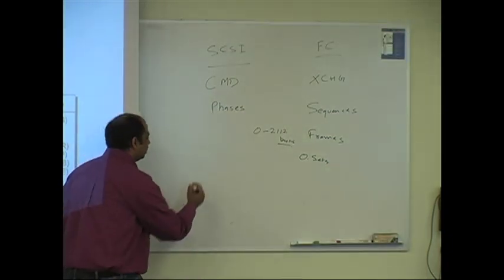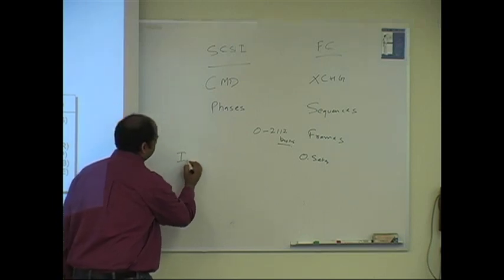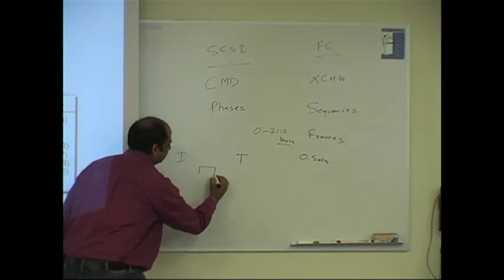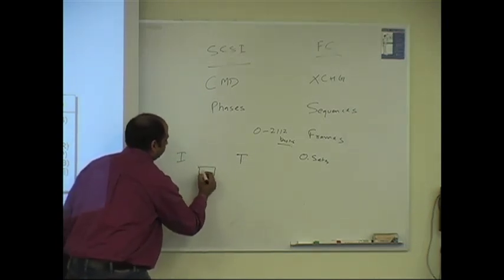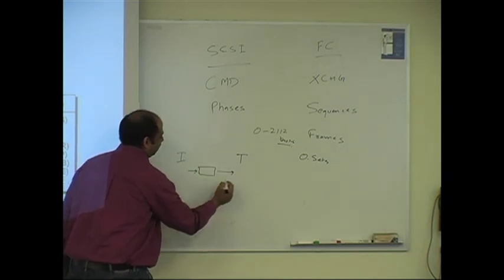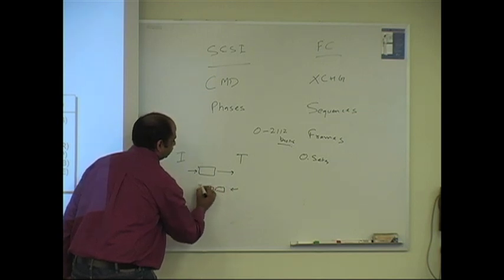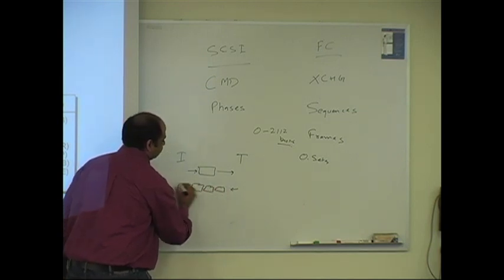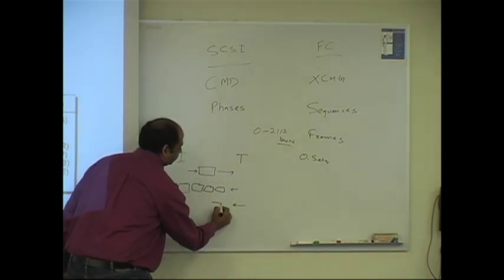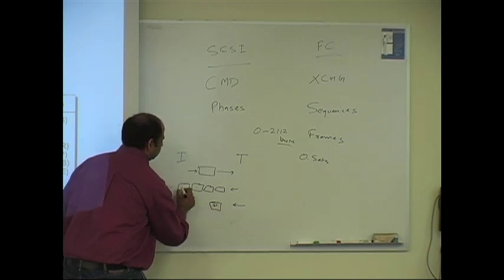If I look at a SCSI transaction, here is the initiator, here is the target, and this is, let's say, one frame. The initiator sends a SCSI command to the target. The target transfers data, which is multiple frames, to the initiator, and then the target transfers status, which is another sequence.